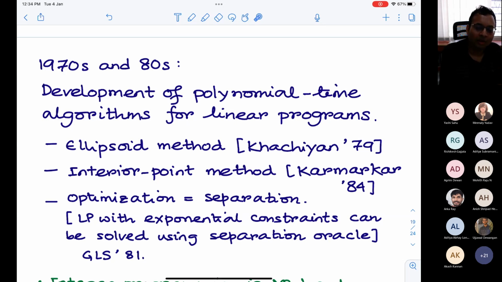And then Grötschel, Lovász, and Schrijver showed that optimization is equivalent to separation. To solve an LP, given a point, if you can separate the point from the LP polytope, then you can solve it. These are jargons I'm talking about, but this is the way people progressed one by one, developing more power for linear programs.